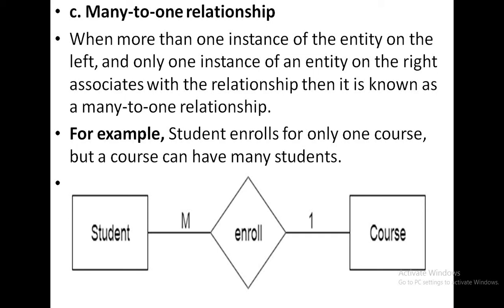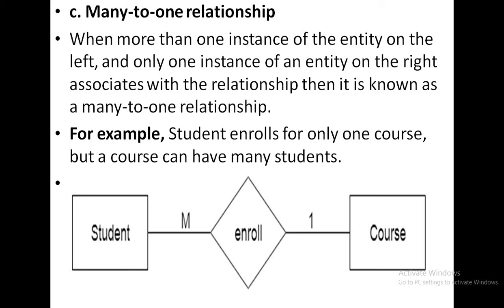Here student is one entity and course is another entity. More students can be enrolled in one course, and one course can have many students. That's why students are represented as M, and the course is one.